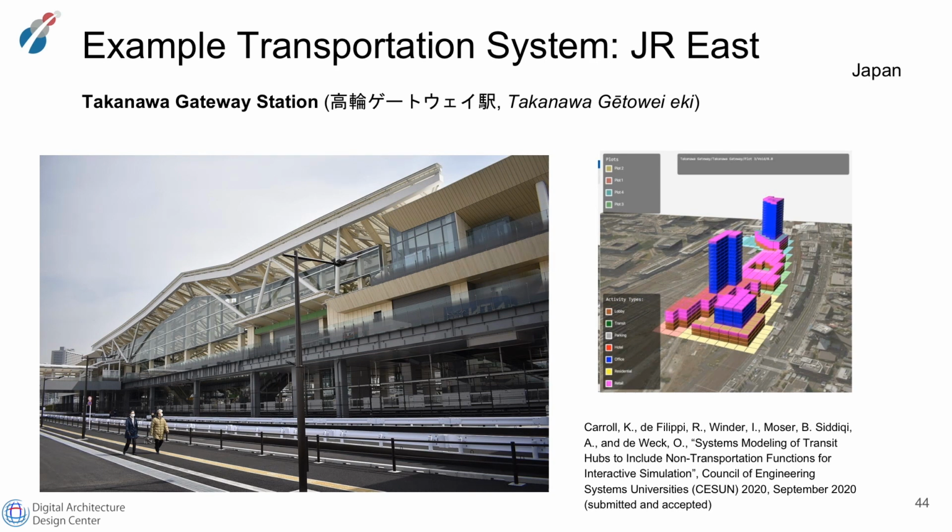And we're very fortunate at MIT that we are collaborating with JR East and actually developing some new ways of thinking about modeling, simulating, visualizing the whole design space around transport hubs like Takanawa Gateway, which is not purely about transportation. It's also about retail. It's about non-transportation functions.